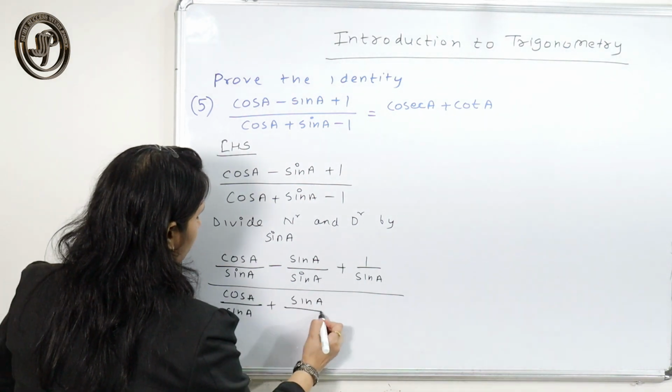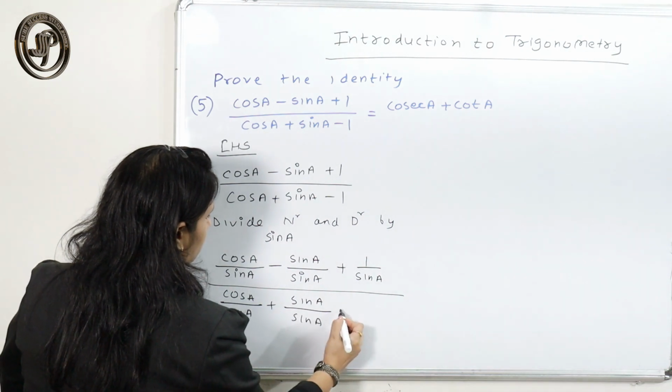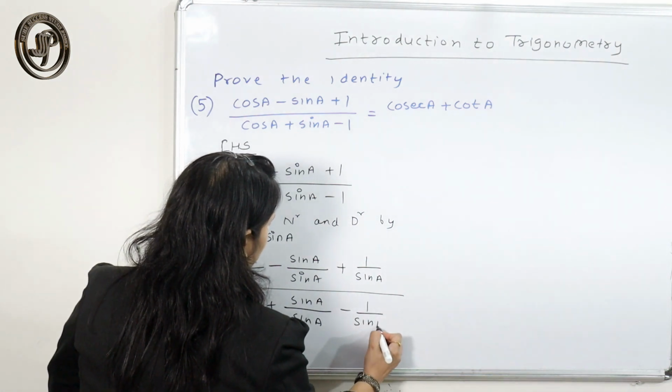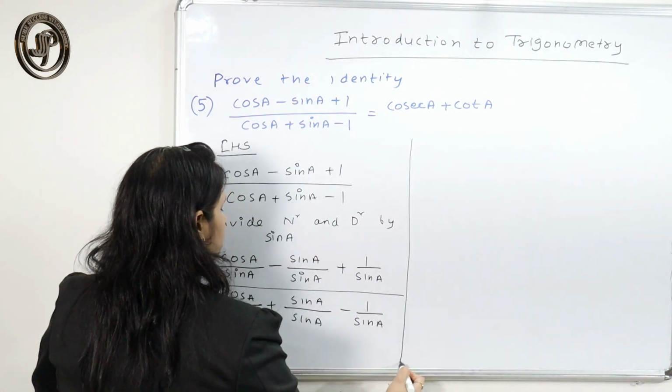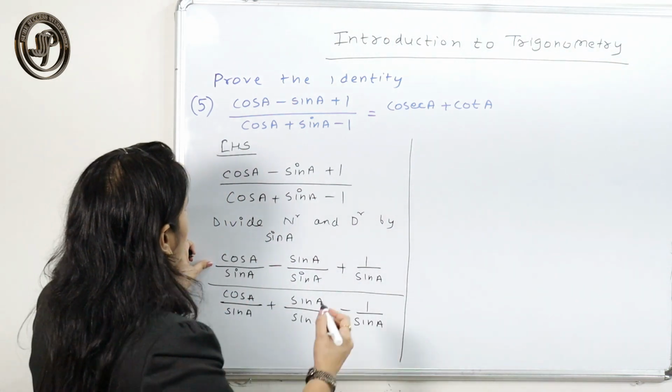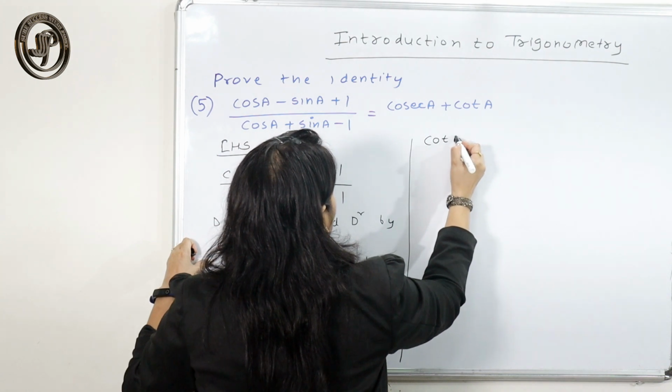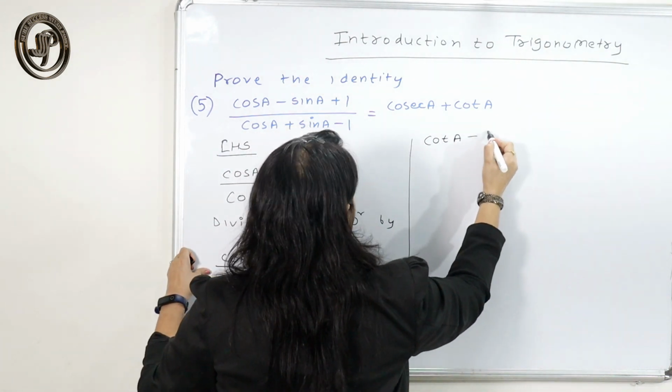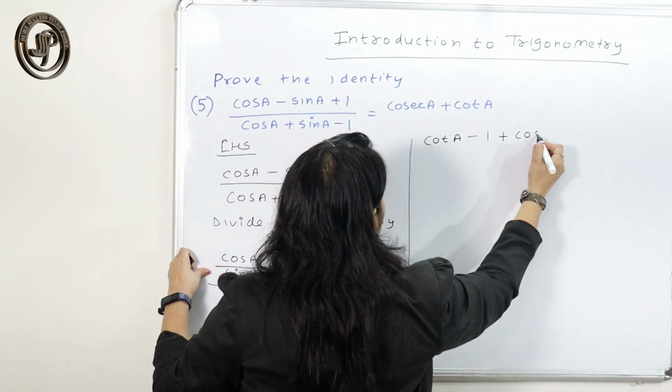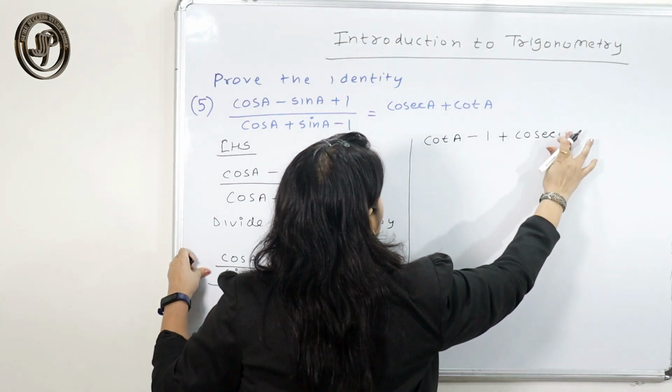Sin A upon sin A, 1 minus sin A. Then if we simplify this, what do I get? It becomes cot A minus 1 plus cosec A.